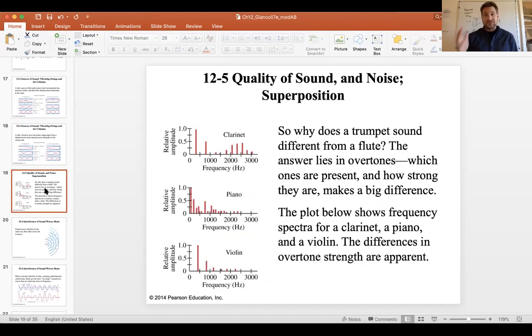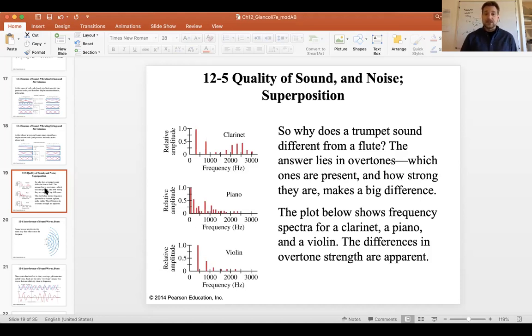Different instruments sound different to us. Clarinet sounds very different from a violin, which both sound very different from a piano. And the reason for that is that not only one of these frequencies is emitted.